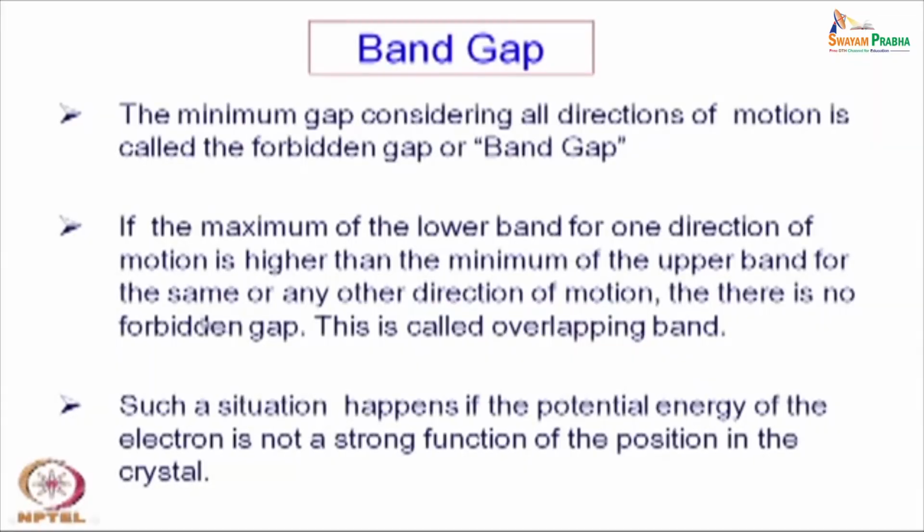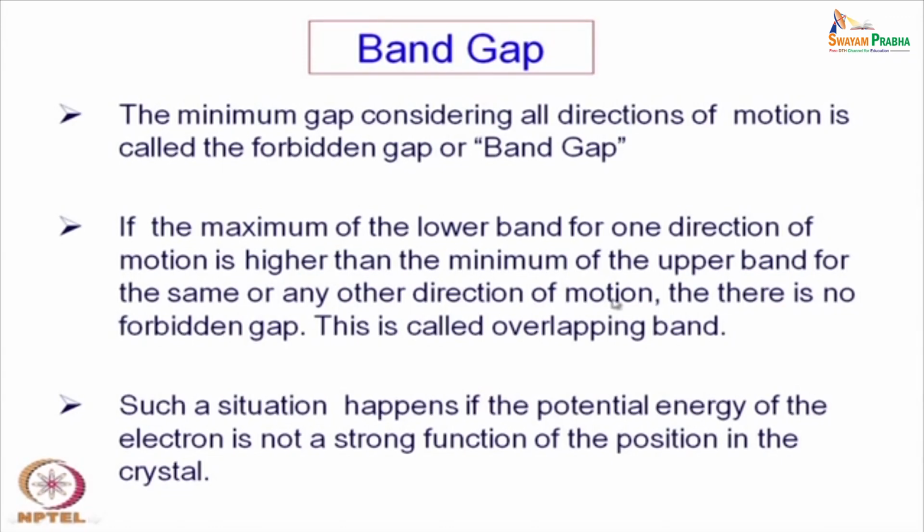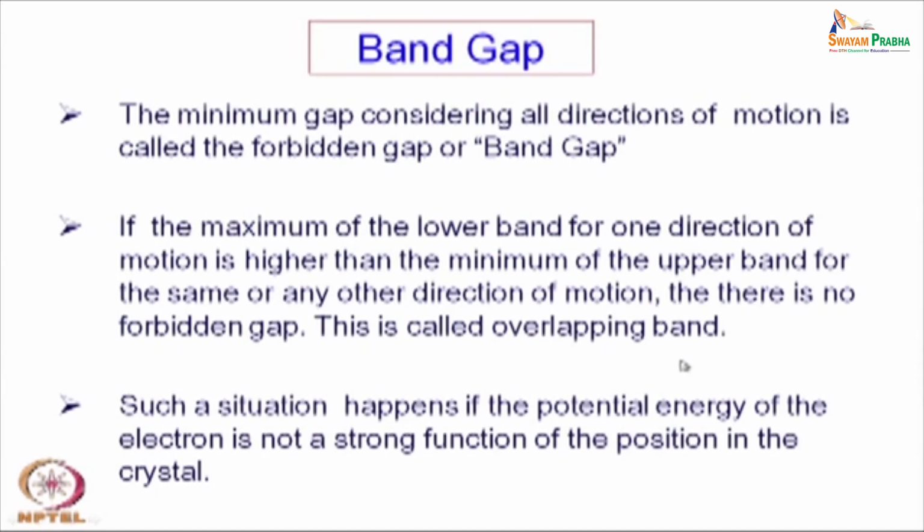If the maximum of the lower band for one direction of motion is higher than the minimum of the upper band for the same or any other direction of motion, there is no forbidden gap. This is called an overlapping band.